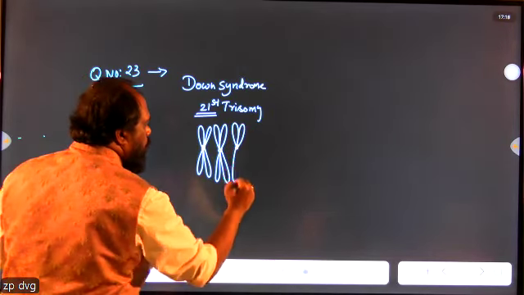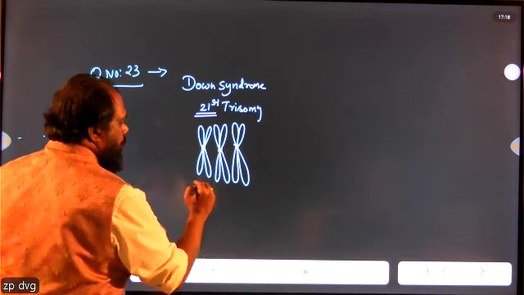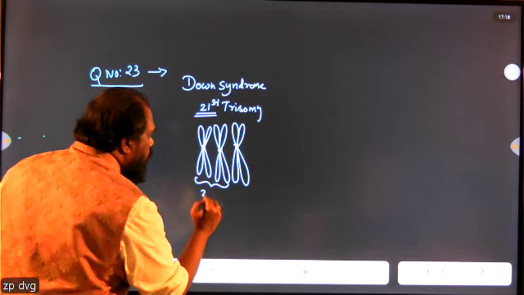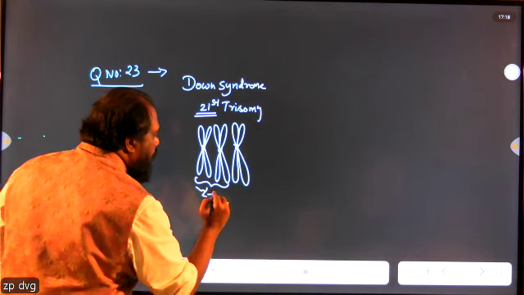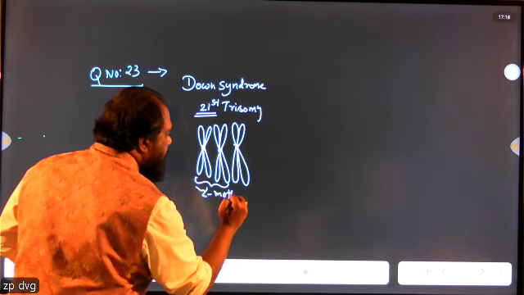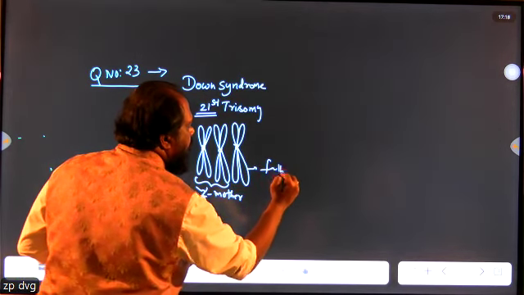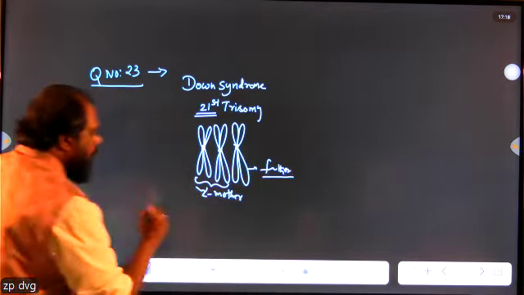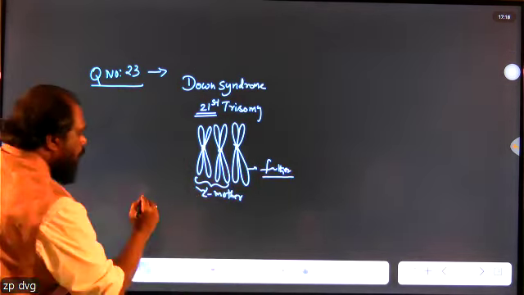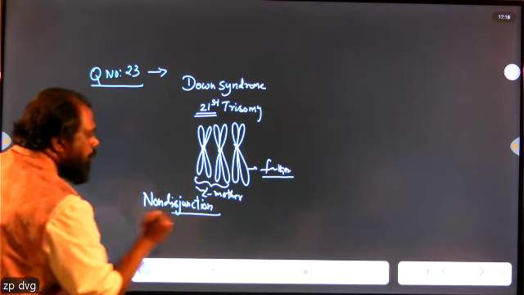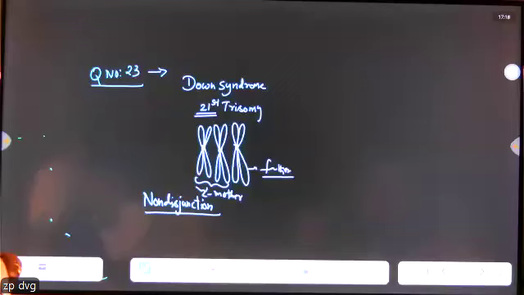But now the chromosome has how many copies? 3 copies. Out of these 3 copies, the question says 2 are identical to the mother and 1 comes from the father. That means the question is, when did the non-disjunction happen? Does non-disjunction happen during egg formation or during sperm formation?